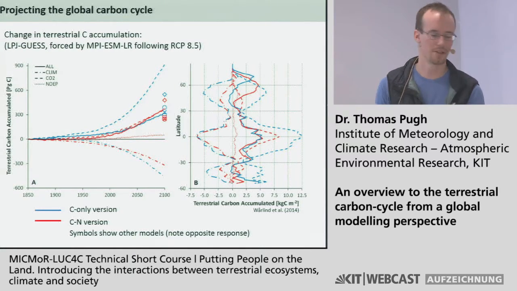So we know that more is important than just the carbon. Nutrient limitations are also important, and the red lines here show the same set of simulations, but with nitrogen limitation or nitrogen cycling effects included. And you see that, once again, the CO2 still has a positive response on the dashed line, but it's much, much smaller than it was when we didn't consider nitrogen.